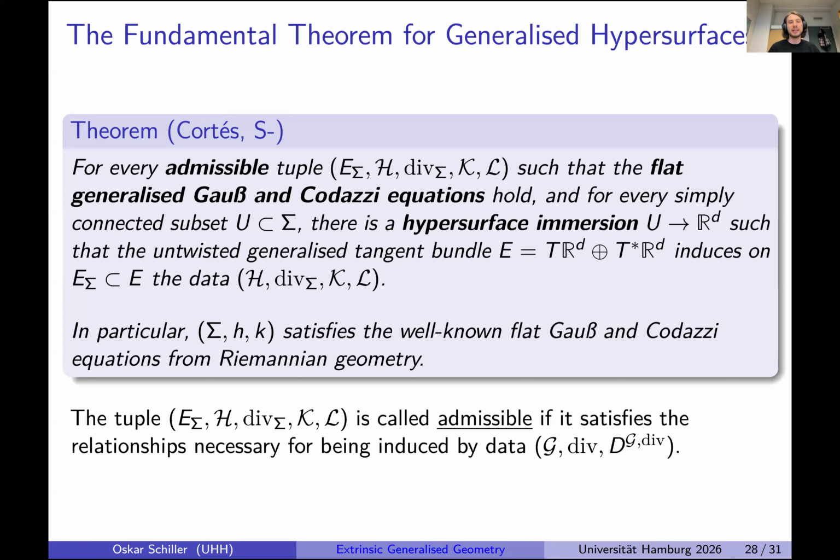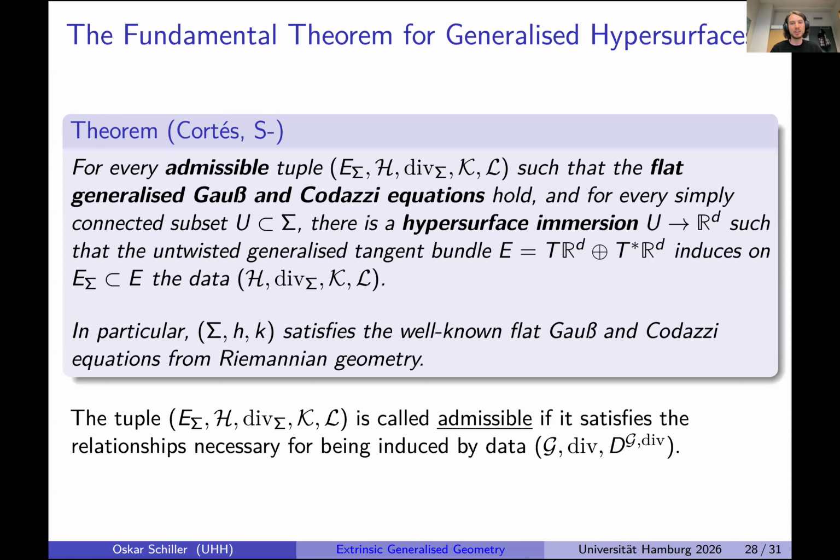And furthermore, the tuple not only has to be admissible, it also has to satisfy the flat generalized Gauss-Codazzi equations. And we want to prove that these equations are, again, not only necessary for the data to come from a flat ambient space, but also sufficient. And we find this, in fact.